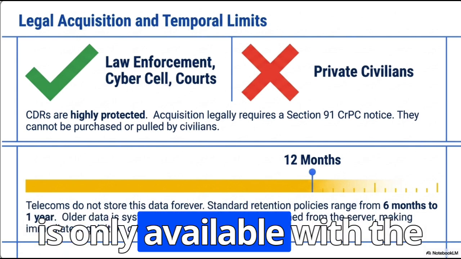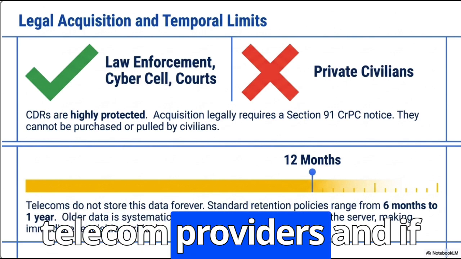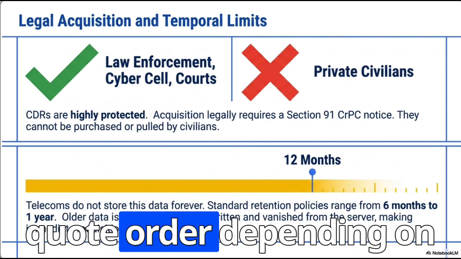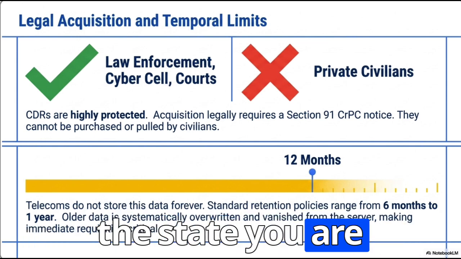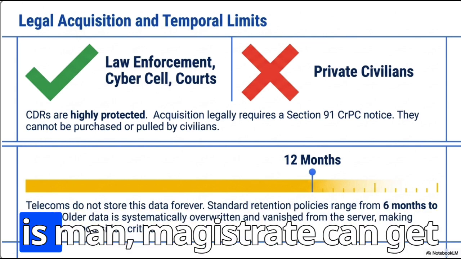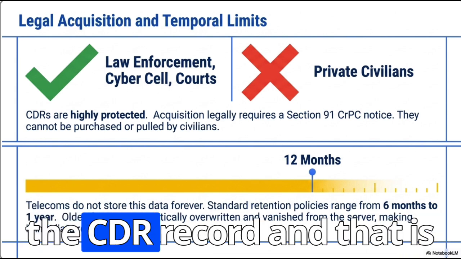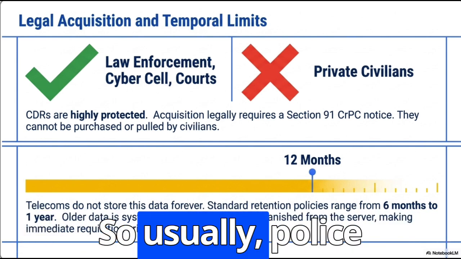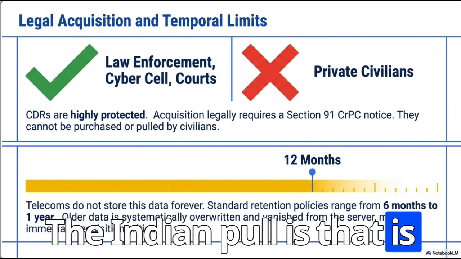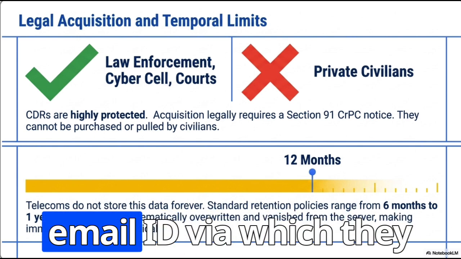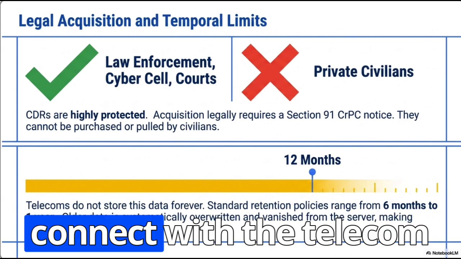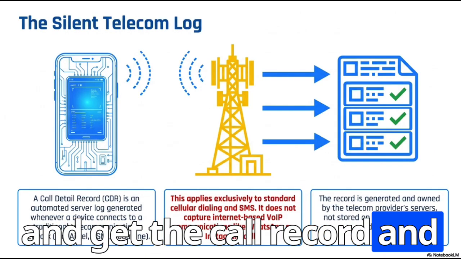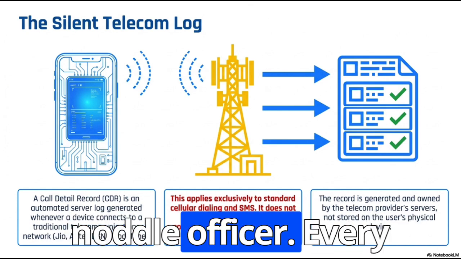It is only available with the telecom providers, and if you are investigating a case, you might need a court order depending on the state you are investigating, and only police and magistrate can get the CDR record, and that is also from the nodal officer. So usually the Indian police, that is the cops, have their own email ID via which they connect with the telecom provider of the suspect and get the call record, and usually they contact the nodal officer.